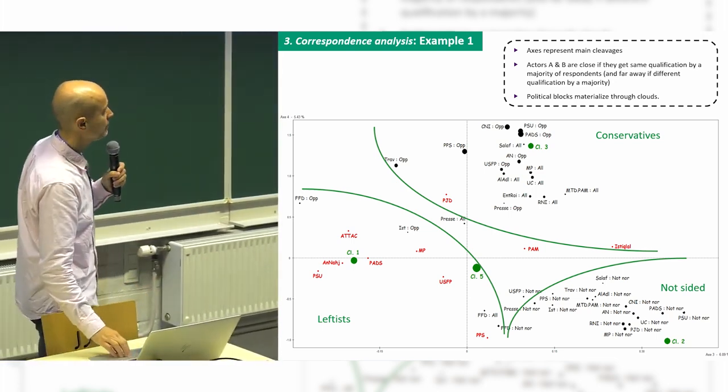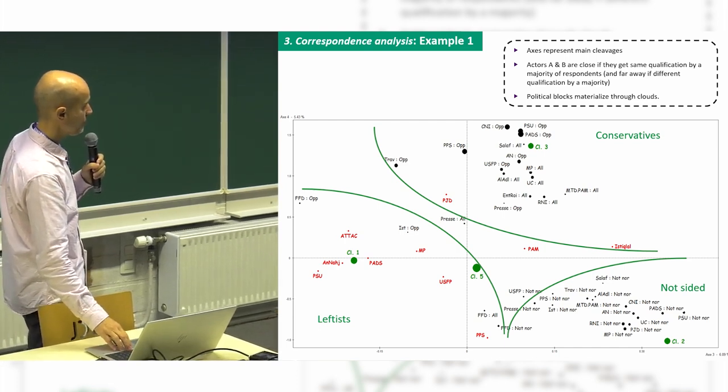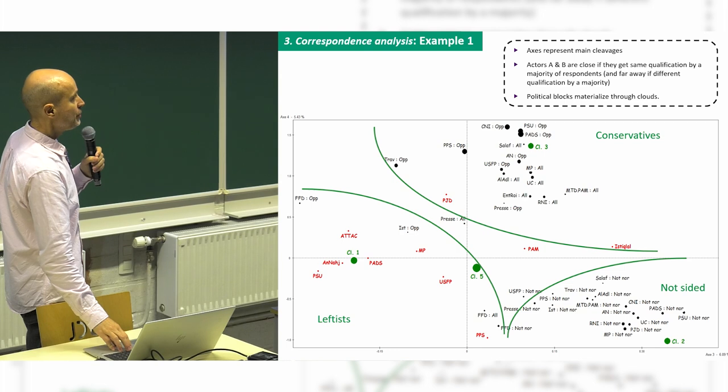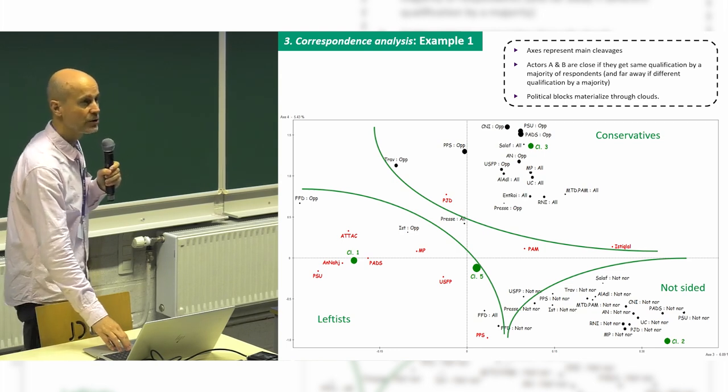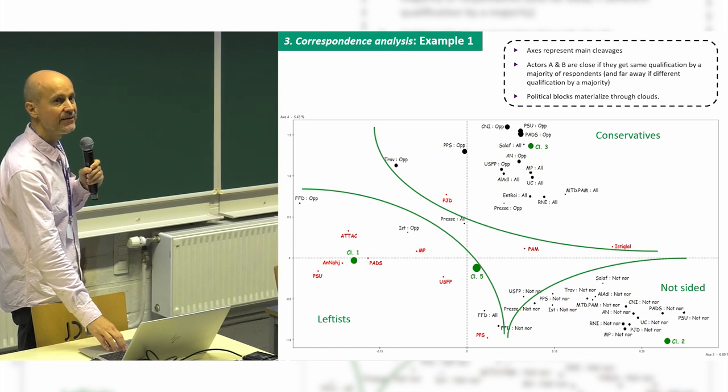So here you can only see the categories, but the green clusters are clusters of individuals. So any individual can be positioned in this landscape of categories.